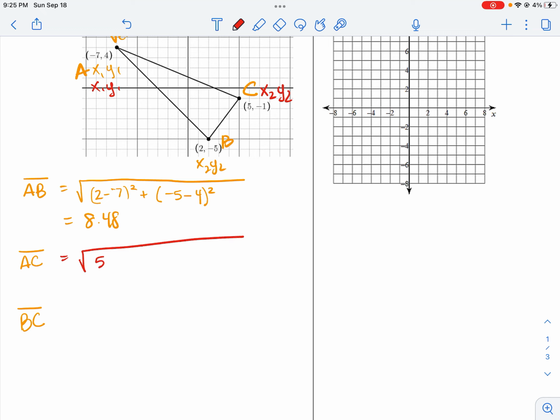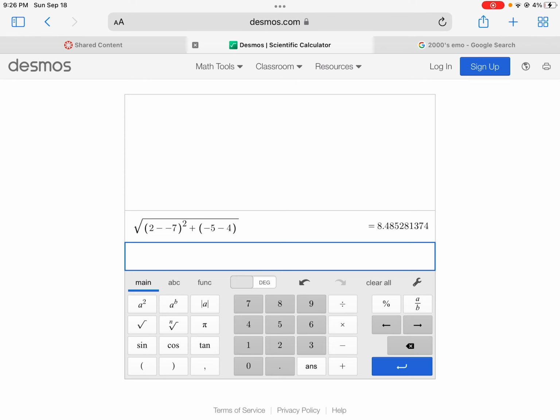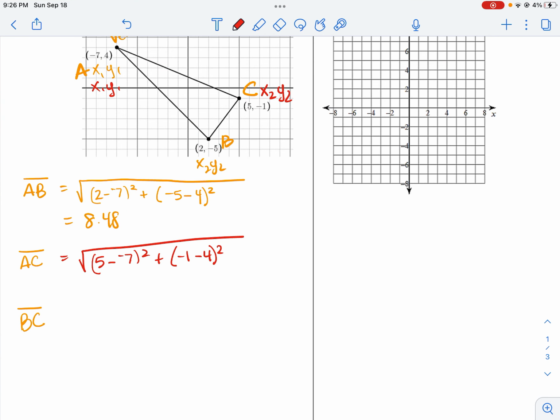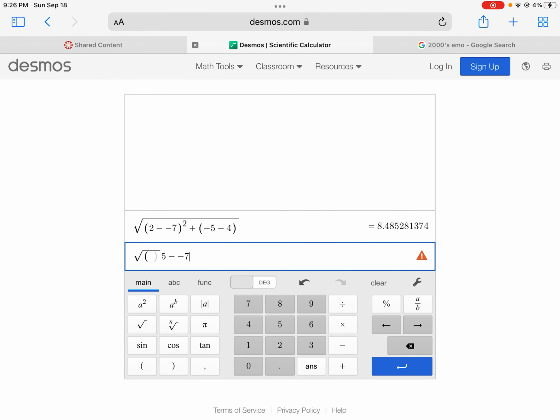So that's 5 minus negative 7 plus negative 1 minus 4 squared. So 5 minus negative 7 and negative 1 minus 4. We'll go back to Desmos. And we have the square root, parentheses, I can't remember the numbers already. 5 minus negative 7.